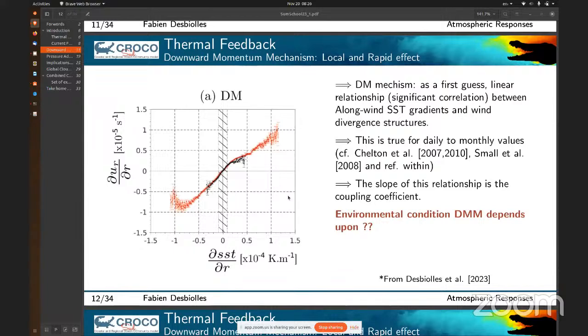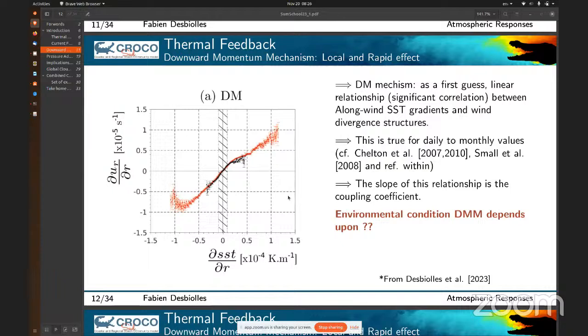On the x-axis here is the gradient of SST, and for each gradient of SST, we plot in y the wind divergence. And we see that a linear relationship emerges, and this is the coupling coefficient.